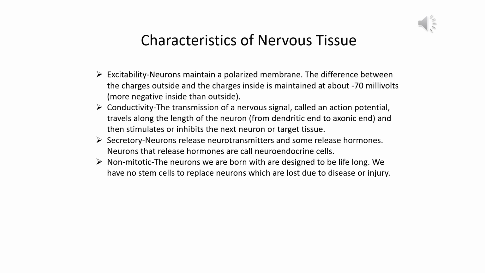So even though we don't have in our bodies stem cells to replace lost neurons, it is possible that we could have them by taking embryonic stem cells from a developing embryo or from a clone and using them to replace brain tissue, spinal cord tissue, peripheral nerve tissue, which has been lost due to disease or injury.